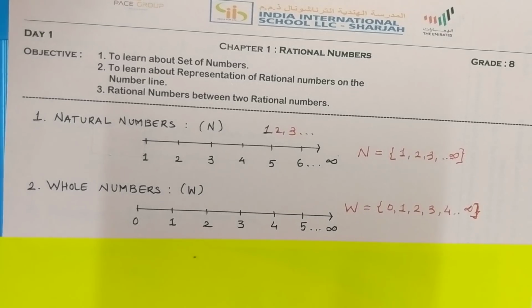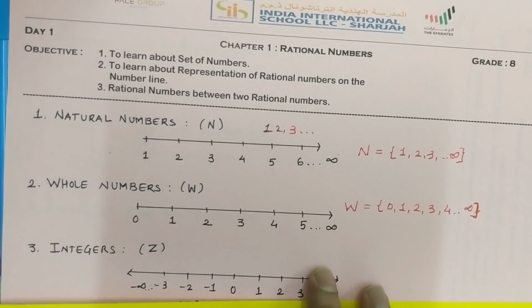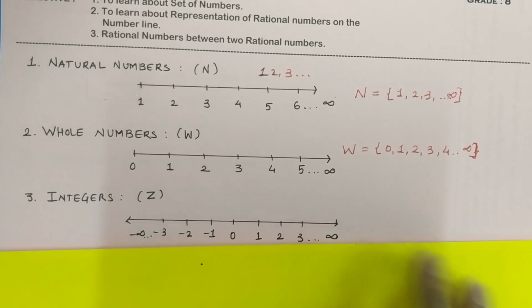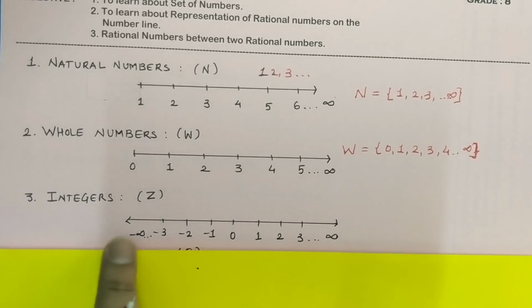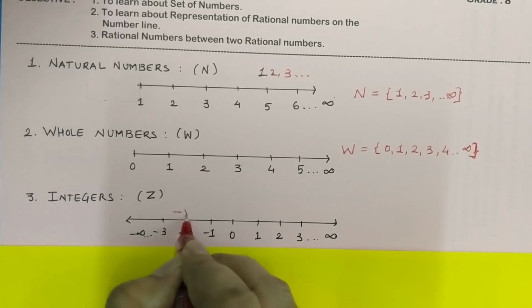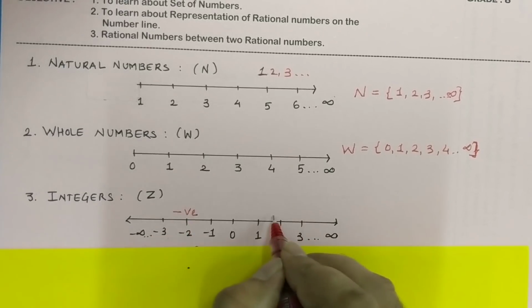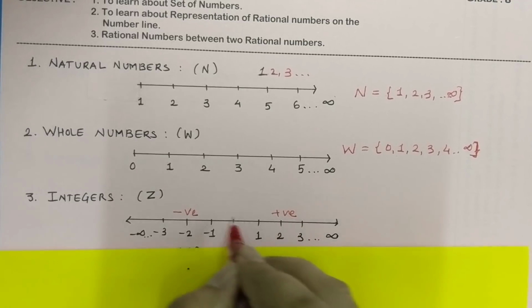Then we will go to the integers, denoted by Z, in which we have 0, minus 1, minus 2, minus 3, and so on. It means we have negative numbers here, positive numbers here, and the 0.